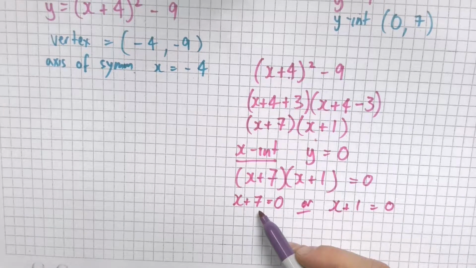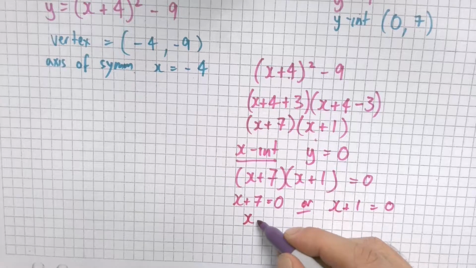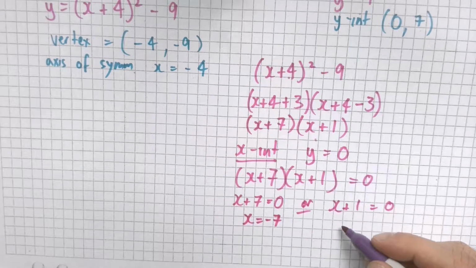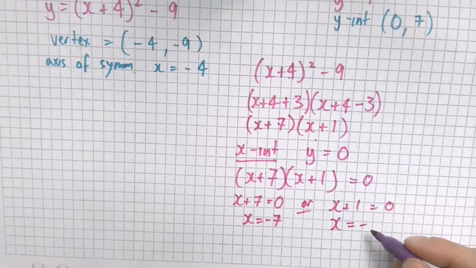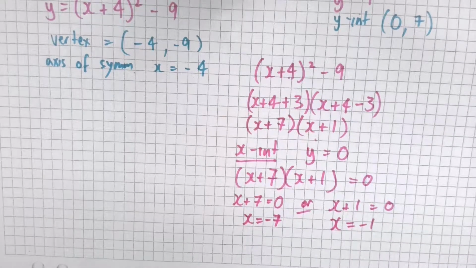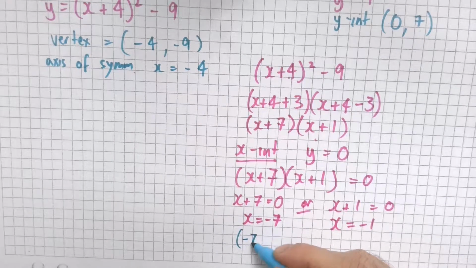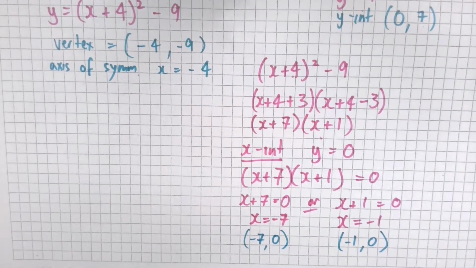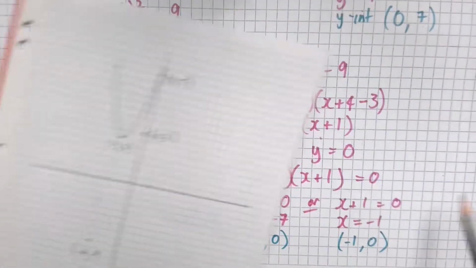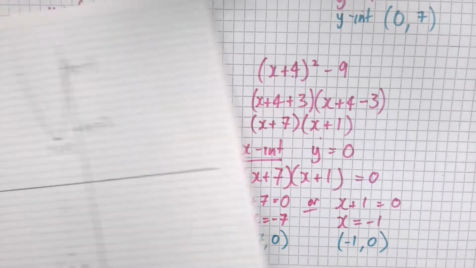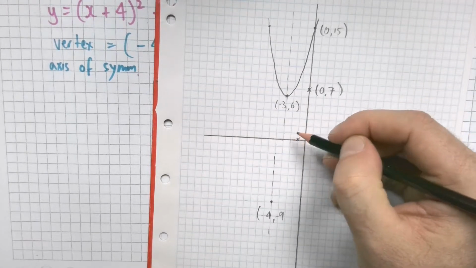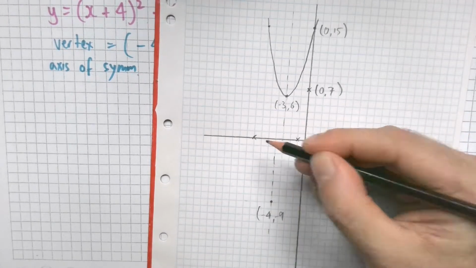If x plus 7 equals 0, then x is equal to minus 7, so I'll subtract 7 from both sides. And x is equal to negative 1 in the other case, which gives me two x-intercepts of (-7, 0) and (-1, 0). If I was to plot those on my Cartesian plane, (-1, 0) right there, and (-7, 0) would be over here.